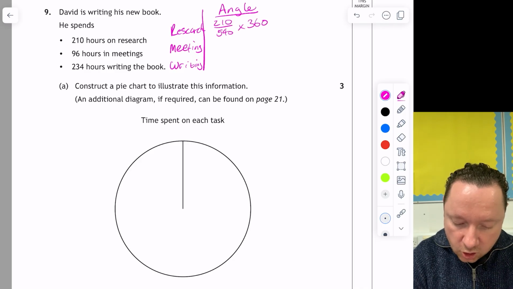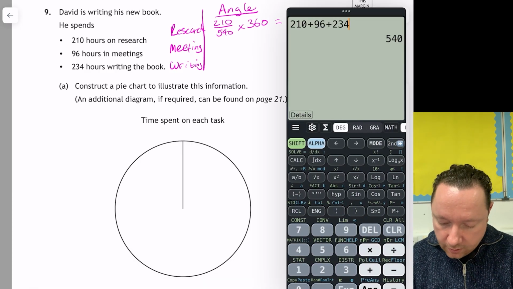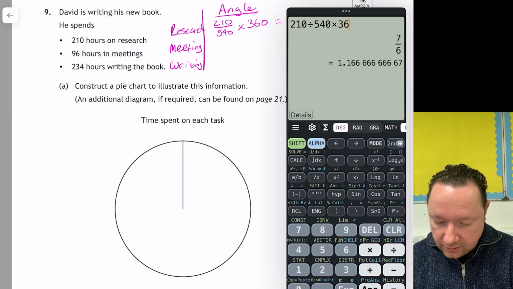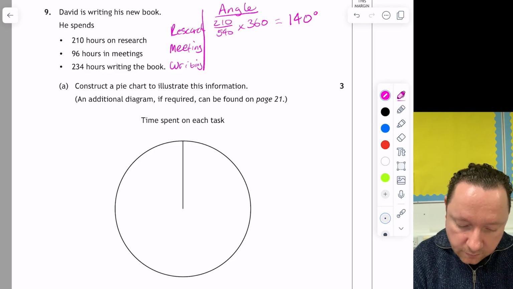Now it's a calculator job, so you just do top divided by bottom times 360. So 210 divided by 540 times 360 gives me 140 degrees. So our research is 140 degrees. Our meeting is 96 divided by 540 times 360.